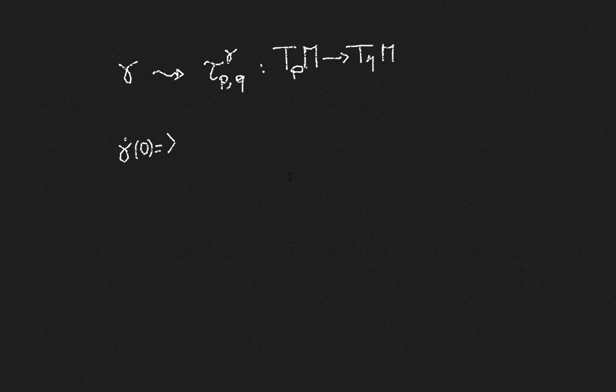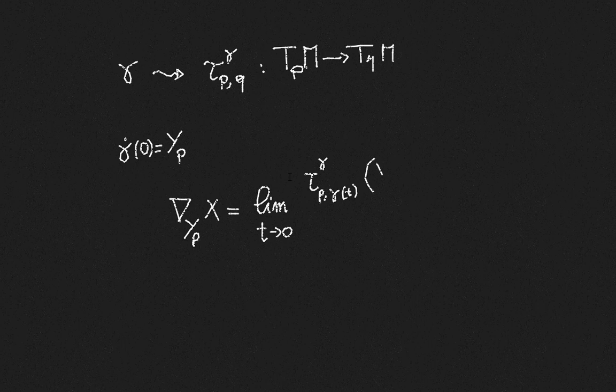Now, suppose that the derivative of gamma at 0 is yp, then you actually have that the covariant derivative of x in the direction yp is exactly the limit for t going to 0 of tau gamma, p to gamma(t), of xp minus xp, over t.